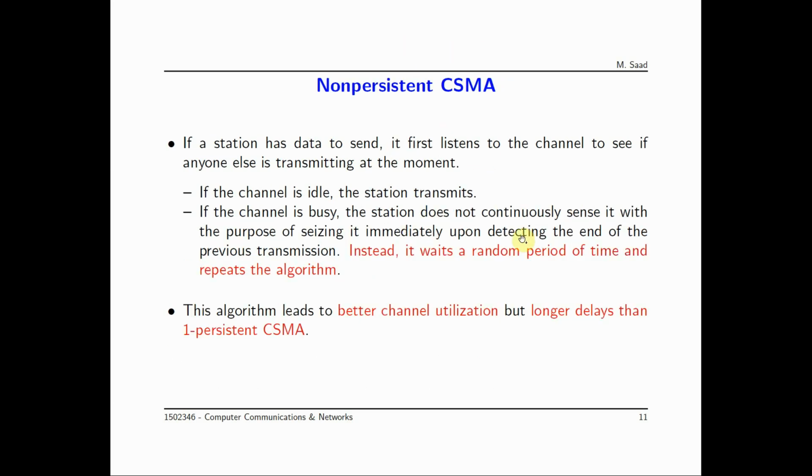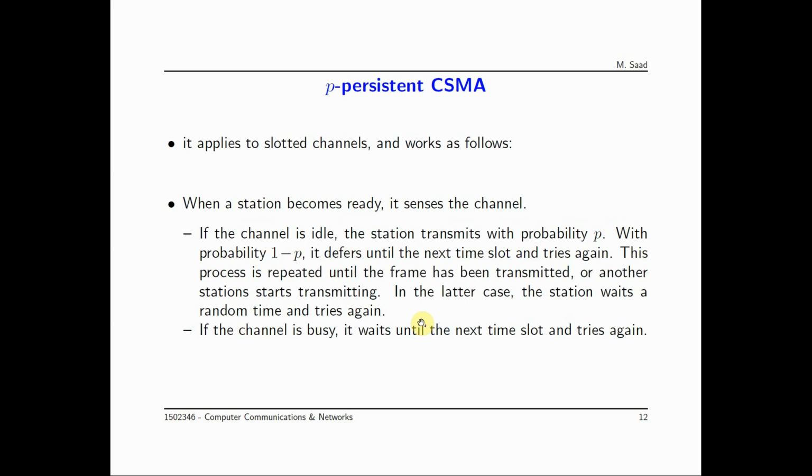But since the stations are basically going back, waiting for a random time, and coming back to check again, we are also expecting longer delays. So this is the trade-off. Non-persistent CSMA leads to longer delays until the frame is delivered, but the overall throughput is also higher because we are avoiding some collisions.